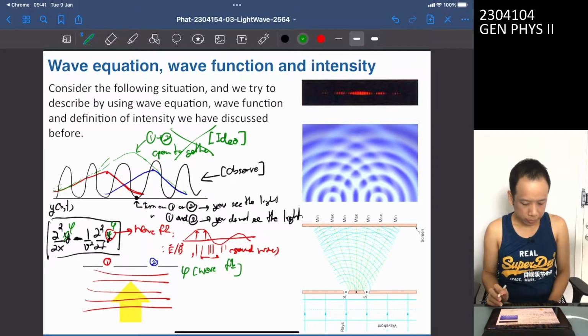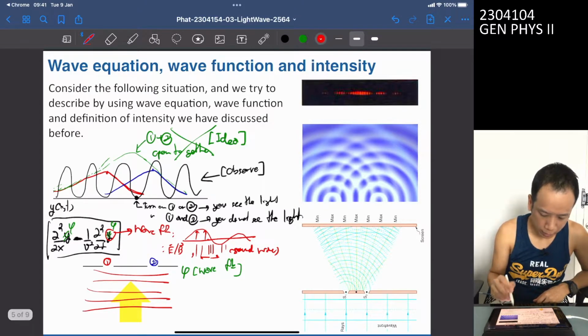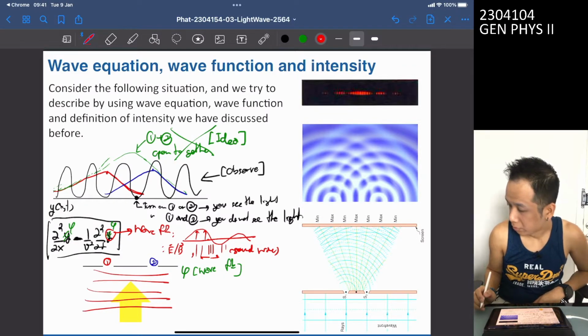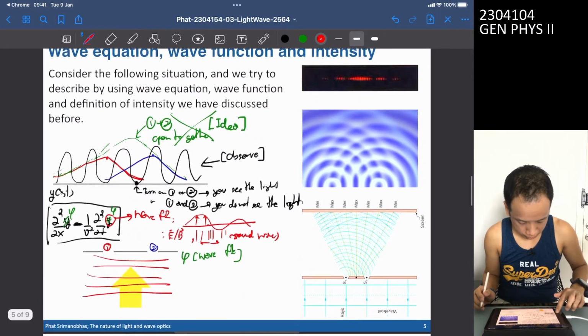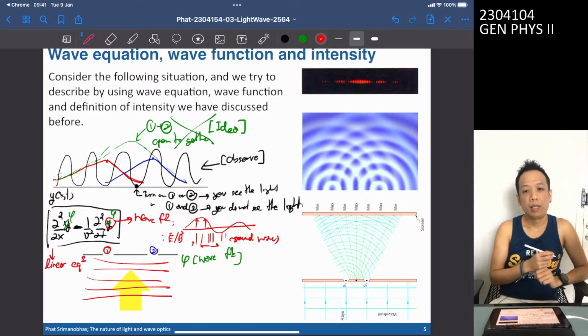So first is that the wave equation is a linear equation. What does linear equation mean?